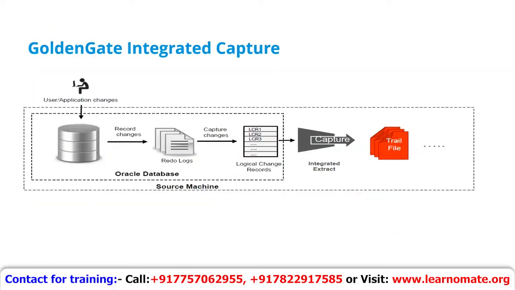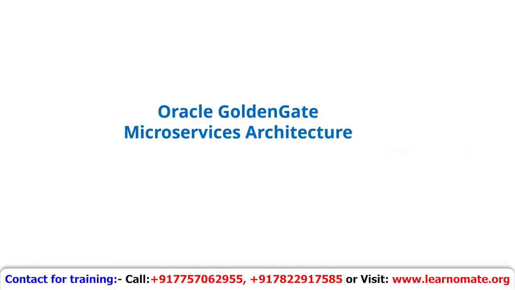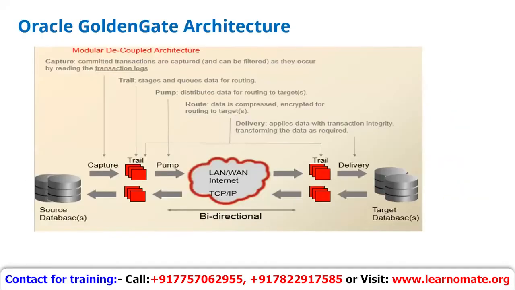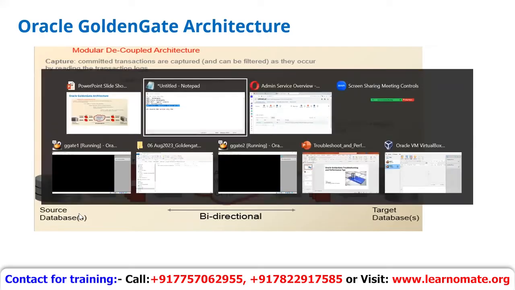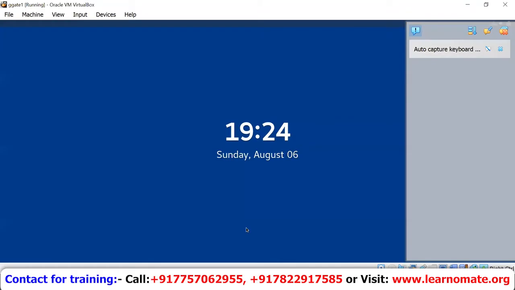Okay. So now, GoldenGate classic architecture. The components include one manager process as well. Let me show you.